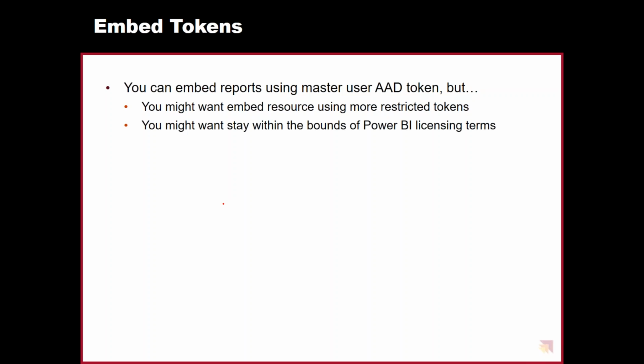So if you use the user token for the master user account and you make your app accessible to 1,000 non-licensed users, that is a licensing violation. However, if you are working in an environment where you have Power BI but you don't have Power BI Premium and you can't create a premium capacity, you cannot create embed tokens. So by using the master user token, you can do testing.